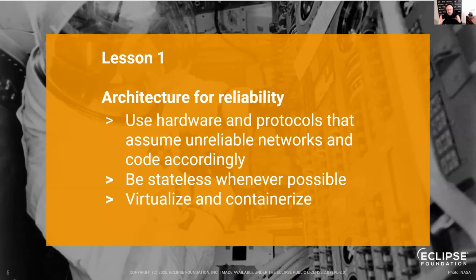So the lesson number one that we can learn from the Apollo guidance computer is really architecture for reliability, okay? Especially when you consider most of the use cases for IoT and edge computing. Yeah, if you're just gathering some temperature and humidity data in a digital building, okay, maybe this is not mission critical.